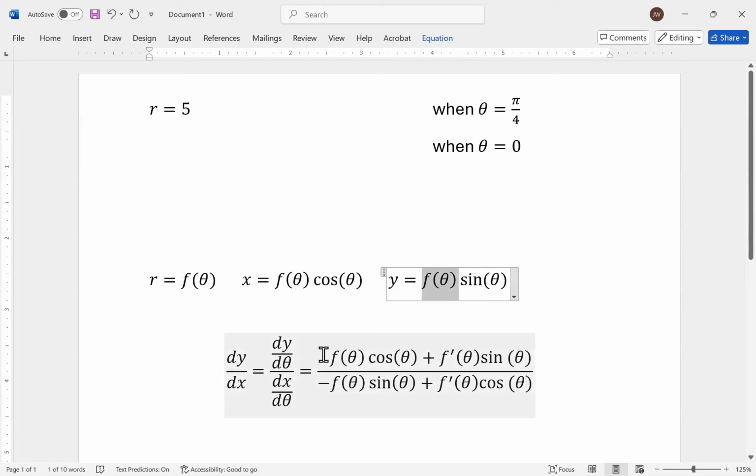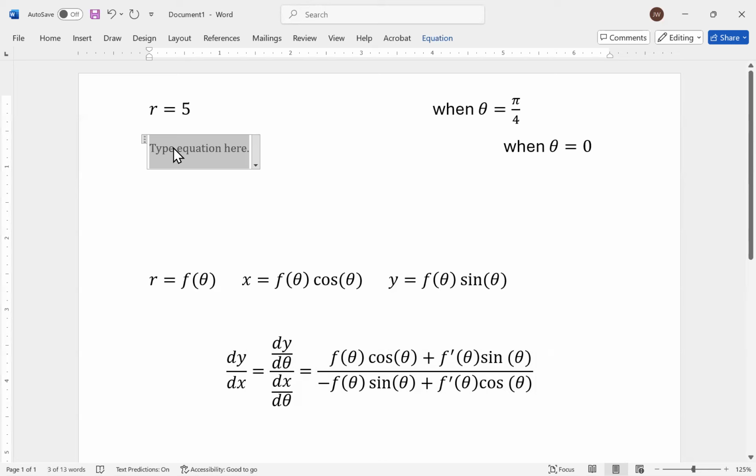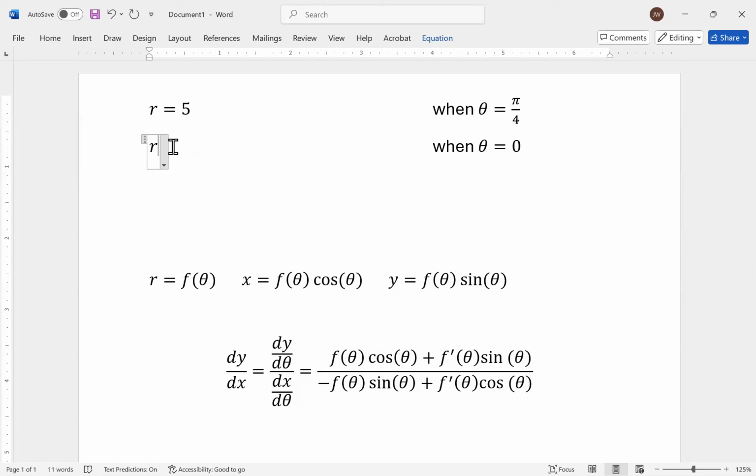Or you could just use the formula. I'll do both ways in this case, but both ways are going to require me to have taken the derivative of r with respect to theta, which is 0. The derivative of any constant is 0.